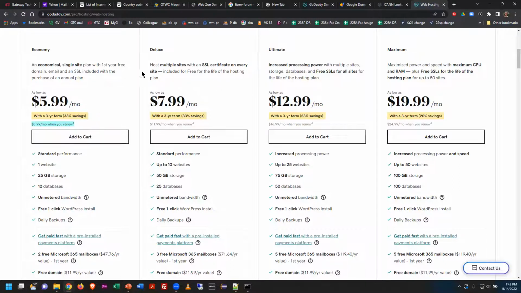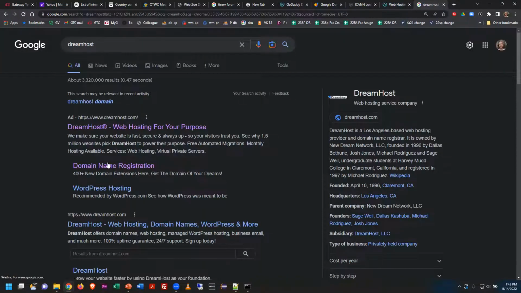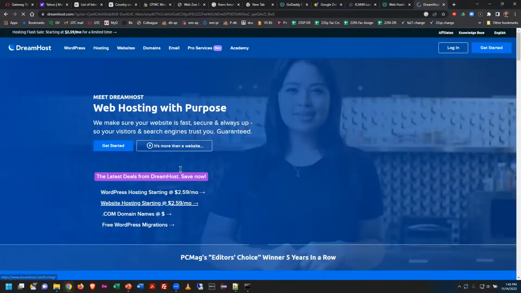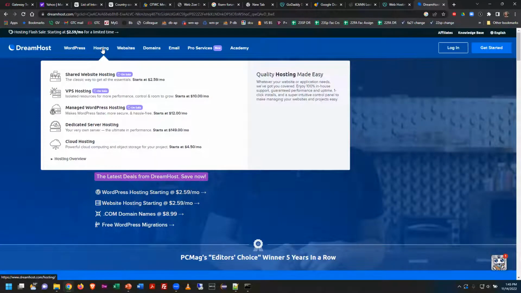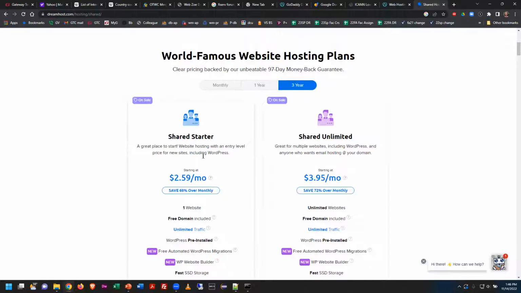Some hosting companies, and GoDaddy's one of them, are pretty good about telling you that up front. Others, and we were looking at one with a client earlier this morning, DreamHost. When I went to their website and started looking at their hosting, they didn't quite do that.